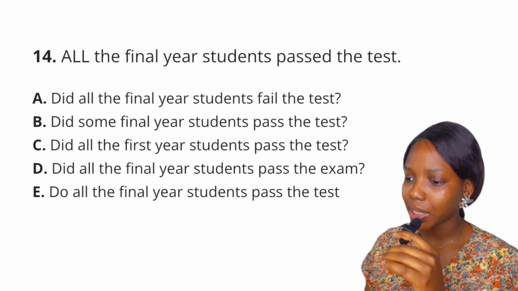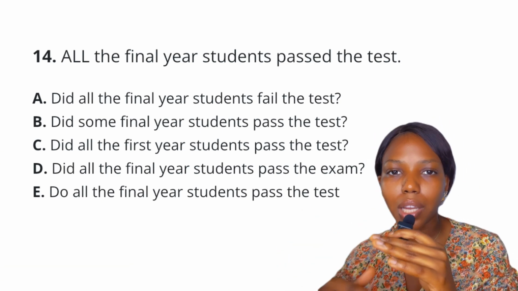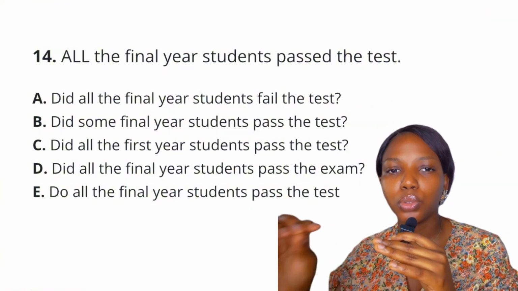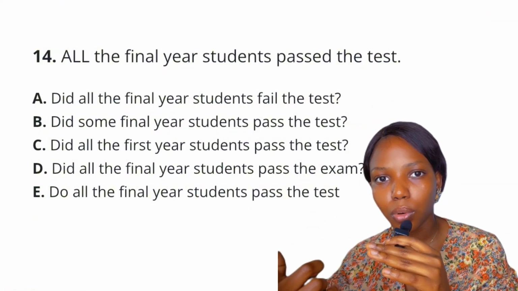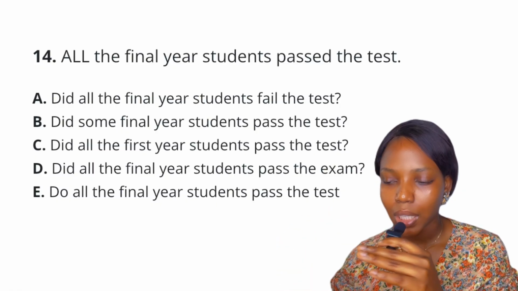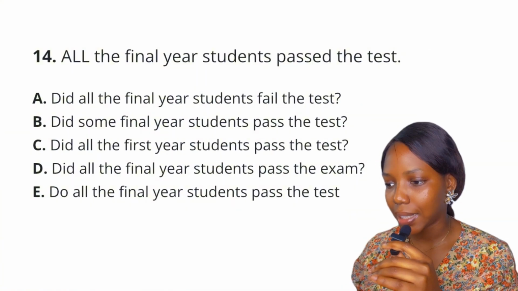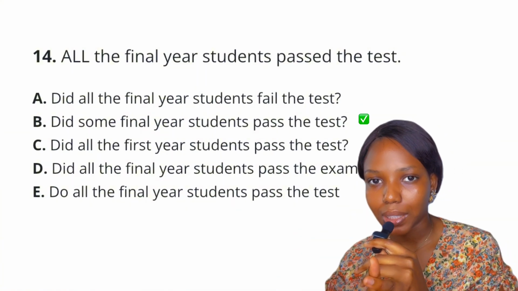Now take a look at the options. Options A, C, D, and E do not agree with step two, which is to look for a natural alternative for all. You see that these options retain all, and we don't want that. Now take a look at option B. Did some final year student pass the test? You see that it retains the past tense, did.